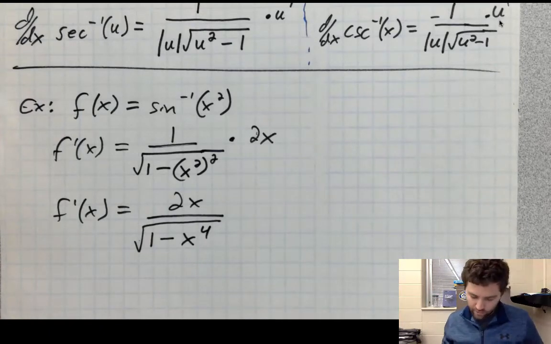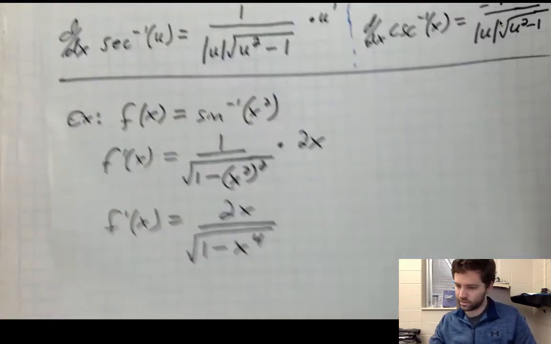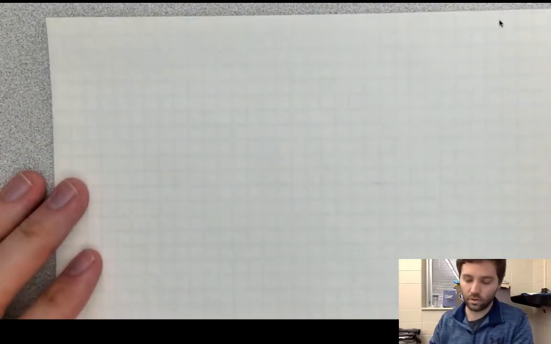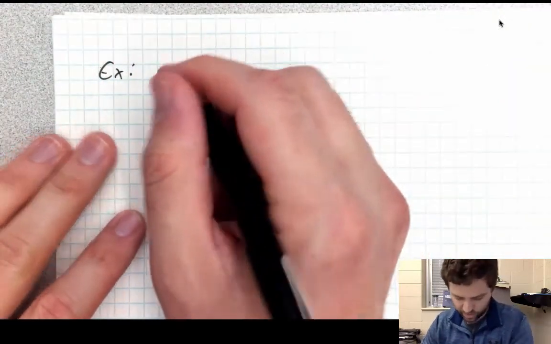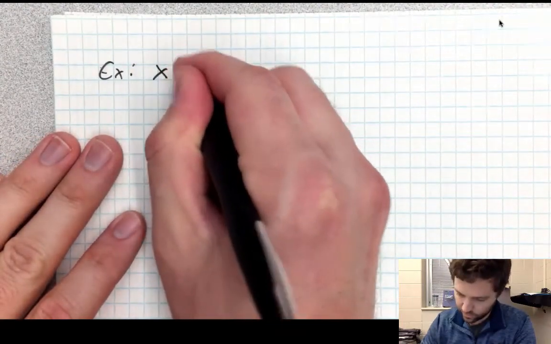Okay. Last example I want to do here is, suppose we have a position function x of t.